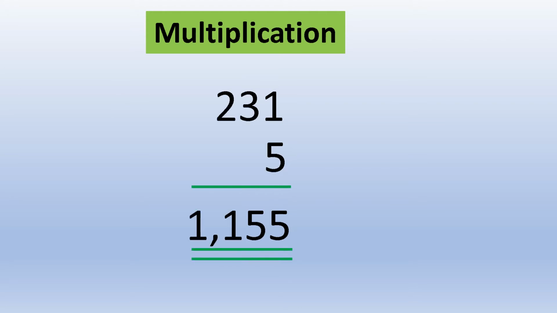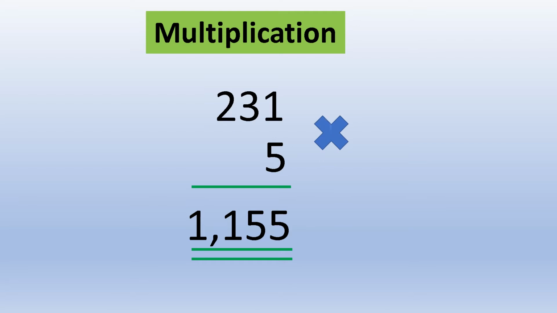Our lesson for today is multiplication. But before we go to the multiplication process, let us first learn the terms related to multiplication. Here are the parts of a multiplication process.